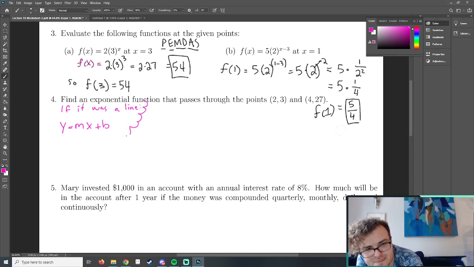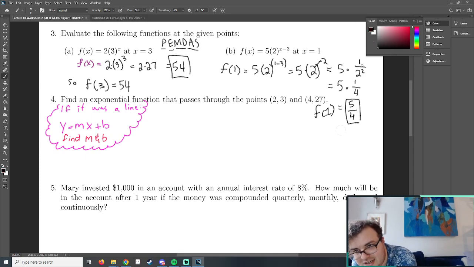So our conclusion there was that we needed to find m and b. But it's not a line, so instead we're going to write down the standard form equation I just gave you for an exponential, which is f of x equals a times b to the x.